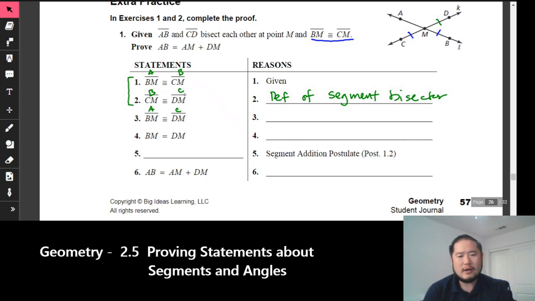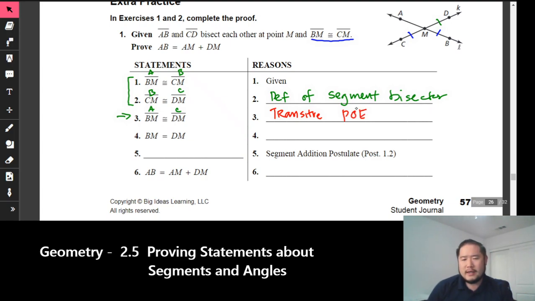If we connect all the statements together, that helps us lead to statement 3 right here, which is one of the properties that we had recovered again today, and that is the transitive property of equality.